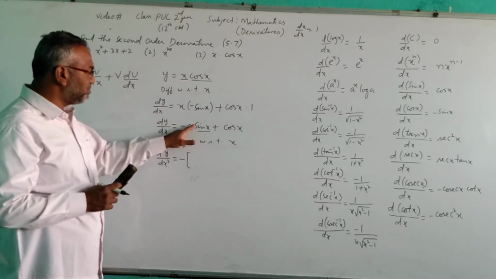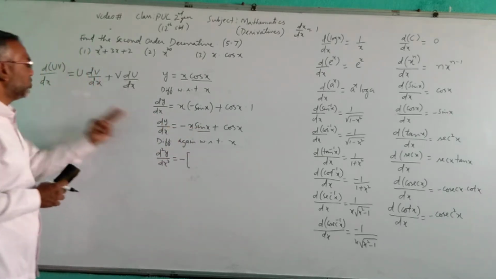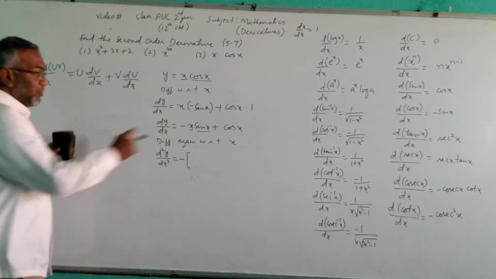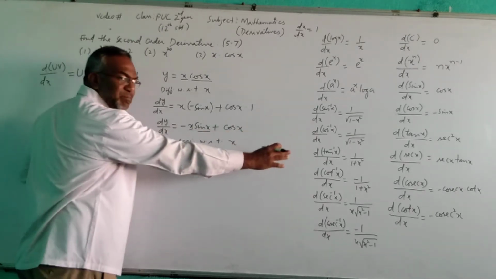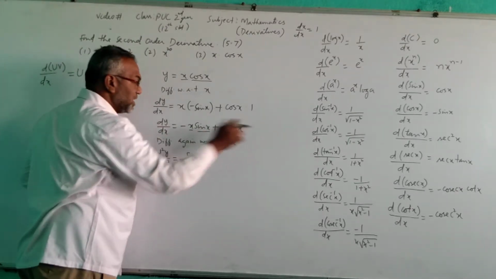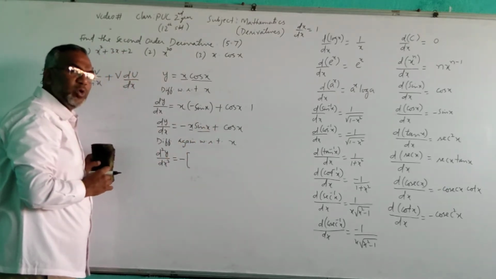Two functions are in product. x into sin x, again we have to apply uv rule here. What about this cos x? Plus sign is there, so we will differentiate it separately. But to differentiate this one, we have to apply uv rule, right?